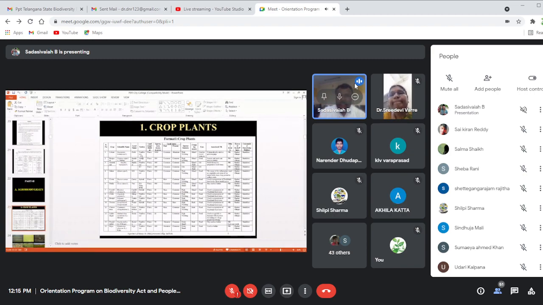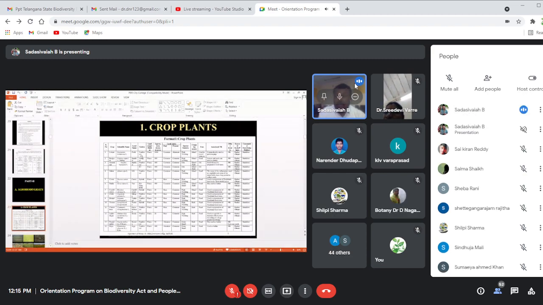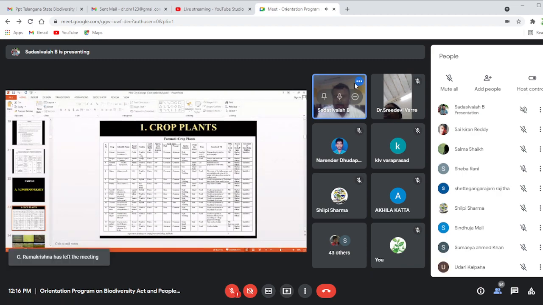See here the first one, crop plants, which is very, very important. If you take the table: the serial number, then the crop, the scientific name of that particular crop, the local name of the crop, and then variety. Variety may be traditional variety or modern varieties. And then landscape or habitat, and the next one is approximate area shown in that particular village.